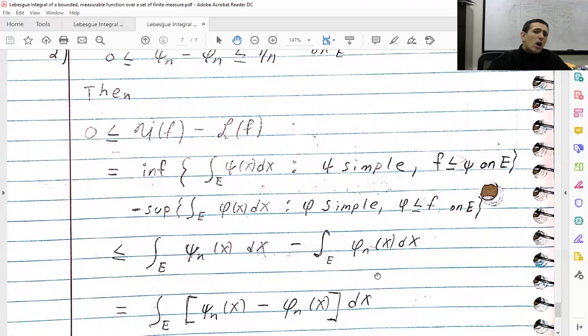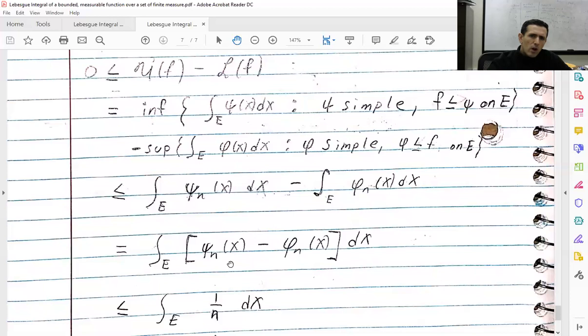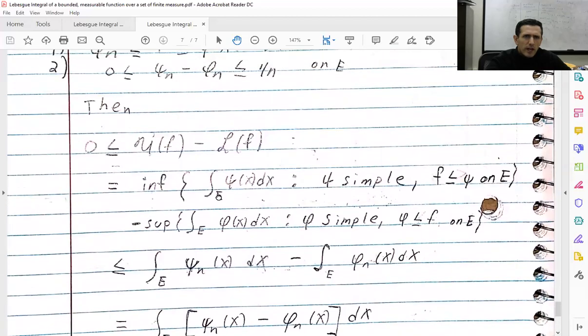Okay, so we know that the Lebesgue integral is linear over simple functions, and we know that this is less than or equal to 1 over n, and that the Lebesgue integral for simple functions is monotone. If you want, you can think of this as just 1 over n times the characteristic function of E, which is a simple function. So this is our assumption, psi n minus phi n is less than or equal to 1 over n.